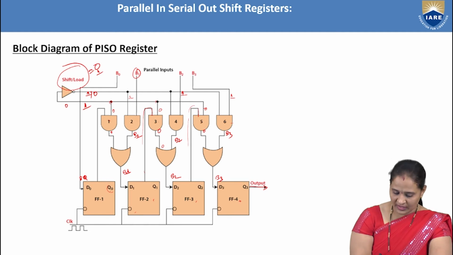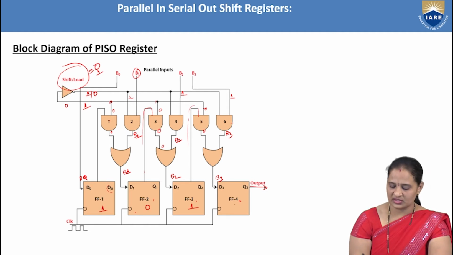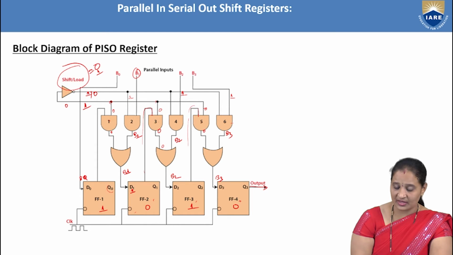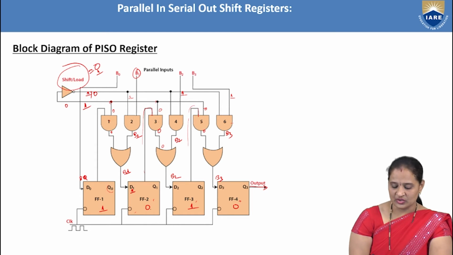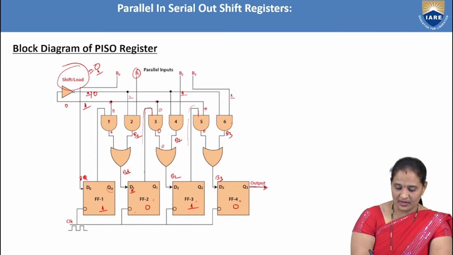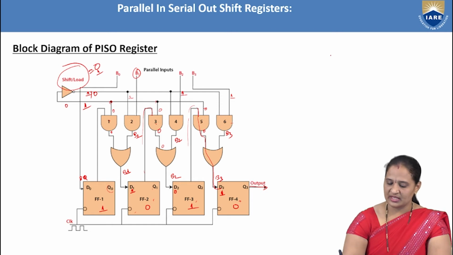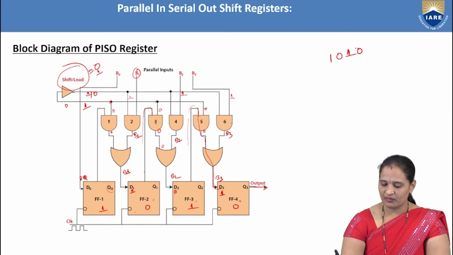So here, the data is already stored. Let us consider this is 1, 0, 1, 0. Now 1 will be shifted here, because it is a D flip-flop. The 0 that is already there will come here, and 0 will be shifted here, and the 1 is there. So initially it was 1010.